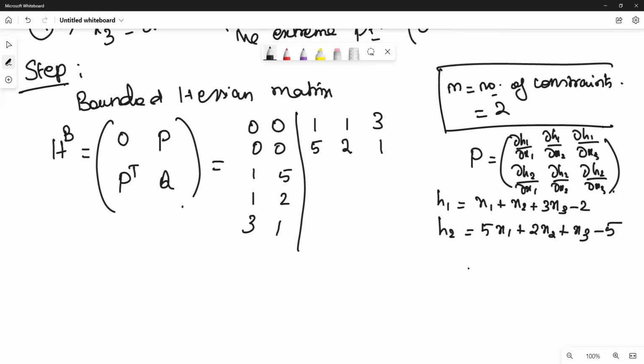Okay. Last one is Q. What is the Q matrix? The Q matrix order depends on the number of unknowns. How many unknowns do we have? X1, X2, X3.